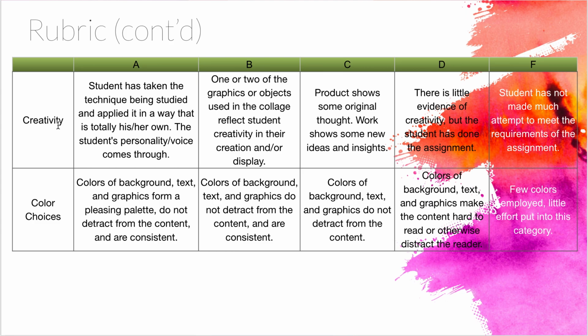Or is yours one of the only? Your color choices, that's going to be your background, your text, your graphics. Not only do you have color, but they go together well. It's not too hard to read your text because your colors are wonky or whatever. So think about your color choices and how to use a variety of colors without detracting from what you're trying to say.